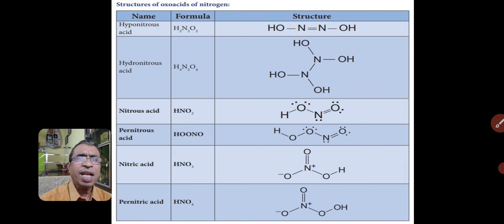Coming to nitric acid, its formula is also HNO3, where the nitrogen is linked to an oxygen through a double bond, it is linked to the OH group, and it is also linked to another oxygen through a coordinate bond, where the nitrogen gets a positive charge and the oxygen gets a negative charge. In the case of pernitric acid, we have once again the peroxy group.